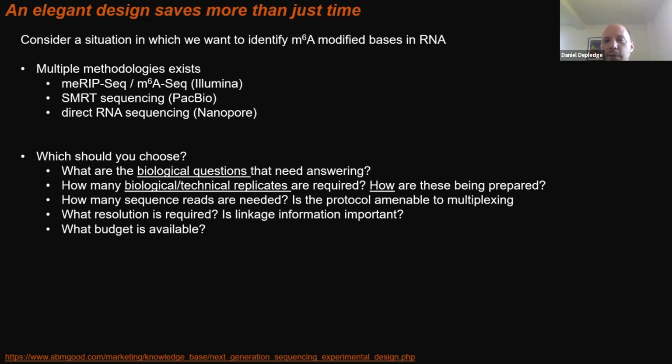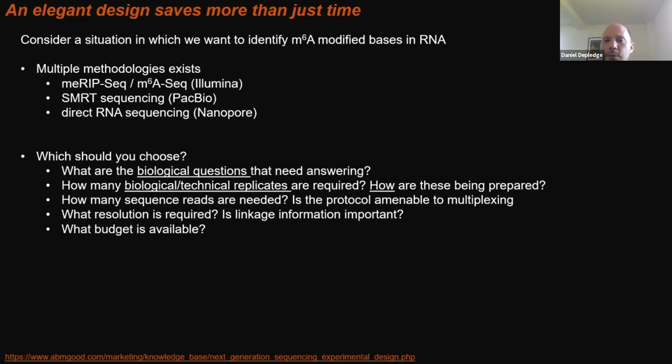So my general advice to everyone, which hopefully you always think about whenever you're doing any kind of experiment, is, what is the actual biological question or questions that you're trying to answer? If it comes to sequencing, do you need biological replicates? Do you need technical replicates? And if so, how are you preparing these and how are you controlling for things like batch effects?